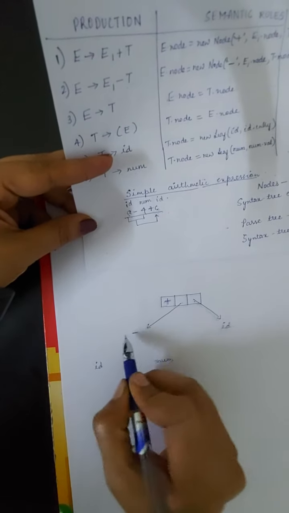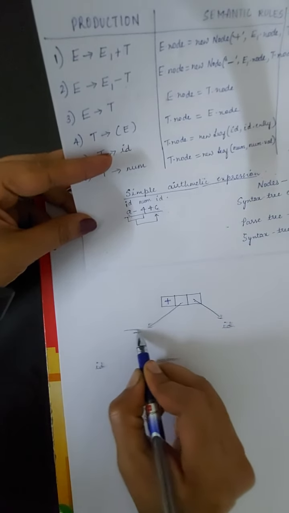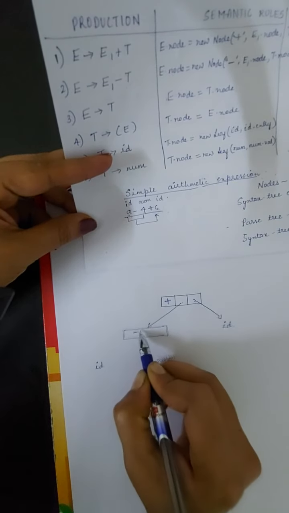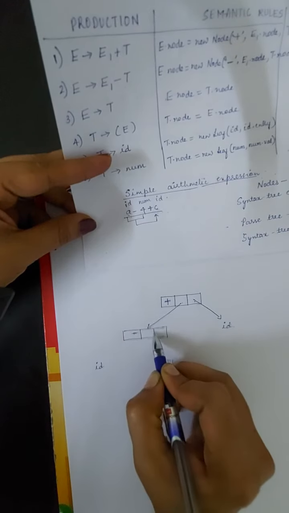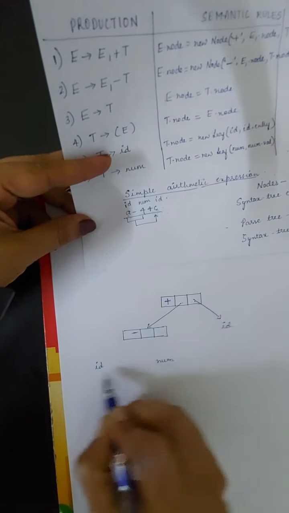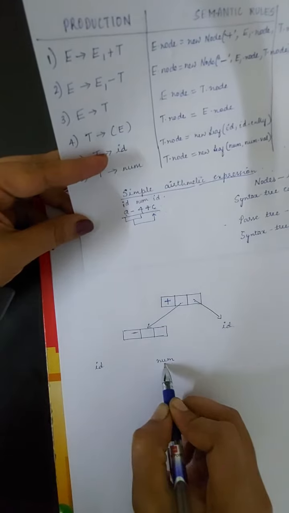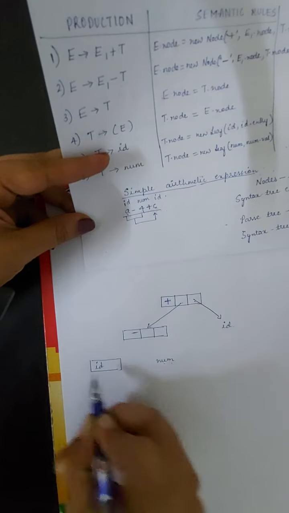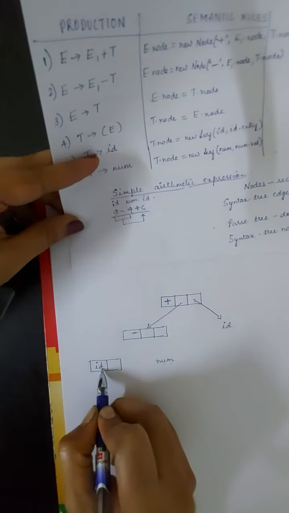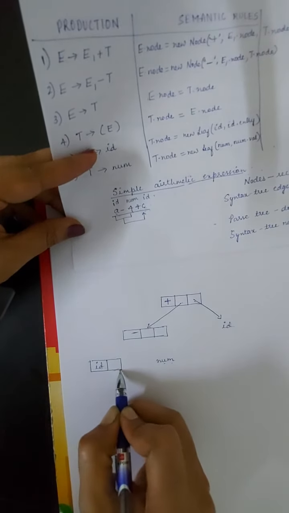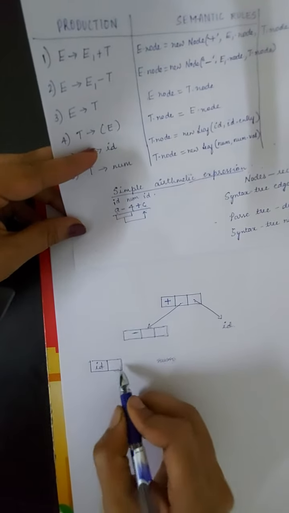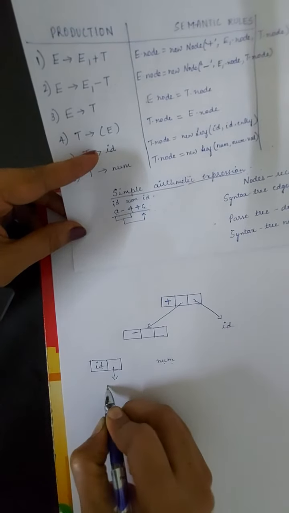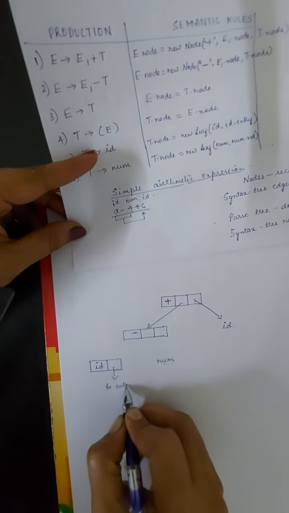Okay, then this node also is represented in the form of an object, which has its first field which is minus, followed by two additional fields to hold its two children's attribute values. So this also is a leaf of the tree, which has ID as the OP field, followed by the label for that value.